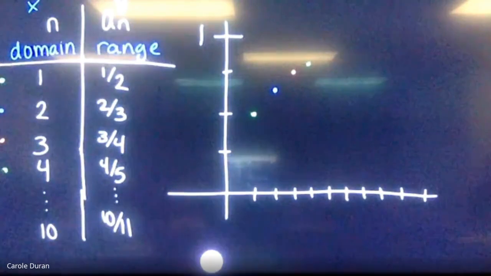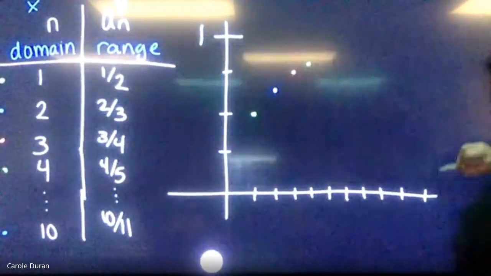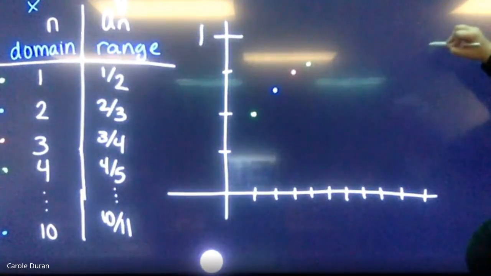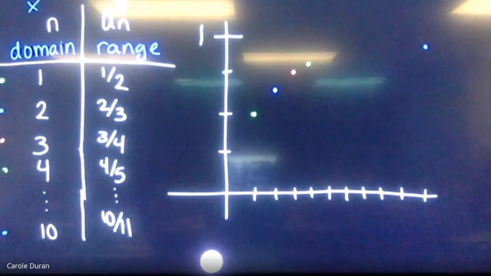Once I get the first 4, I'm going to jump down to 10. Again, we are just plotting this to the best of our abilities. Once we have our 5 points on the graph, we can draw the curve that goes through them.